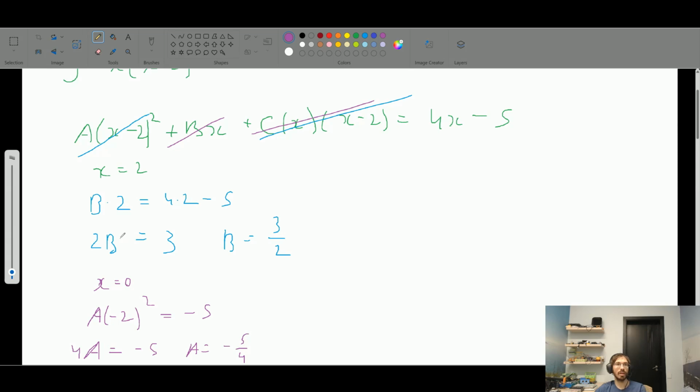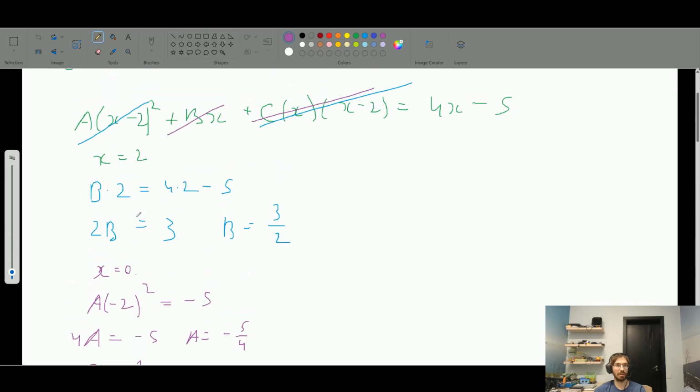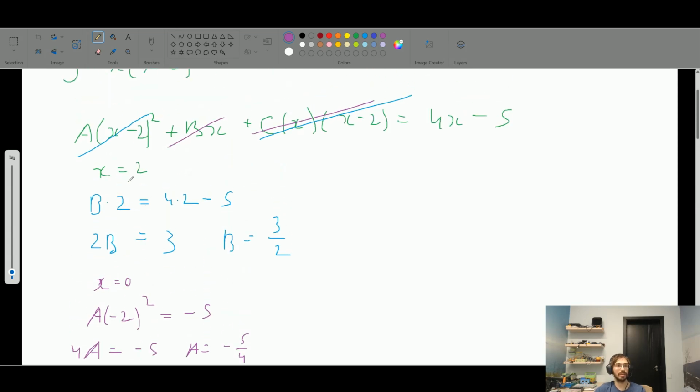Well, let's imagine that x now is 1, because it's a good value. It's easy to calculate everything when x is 1.